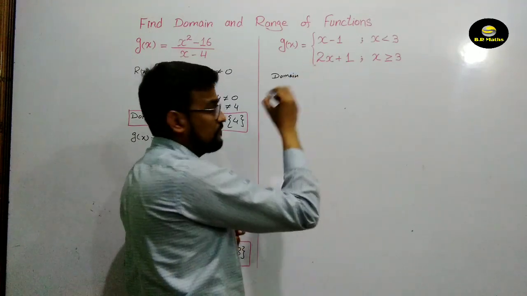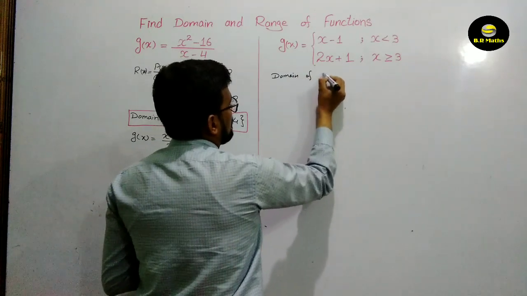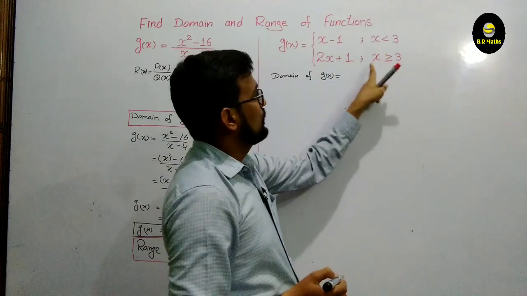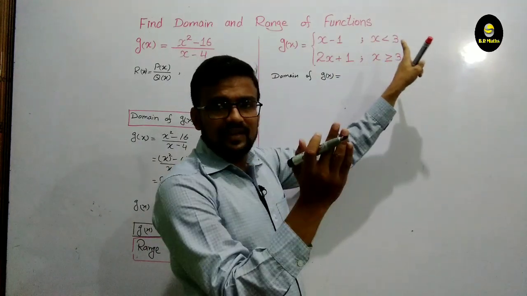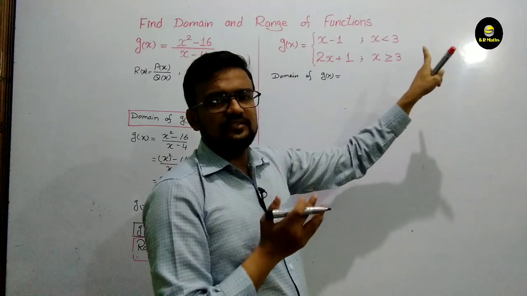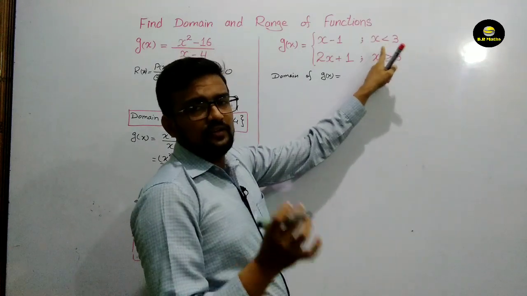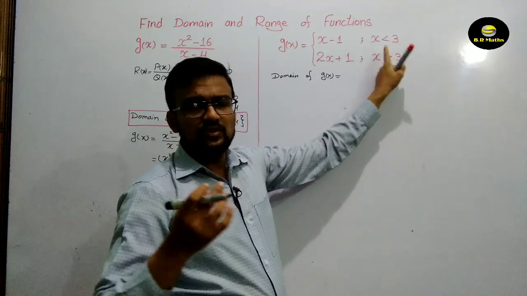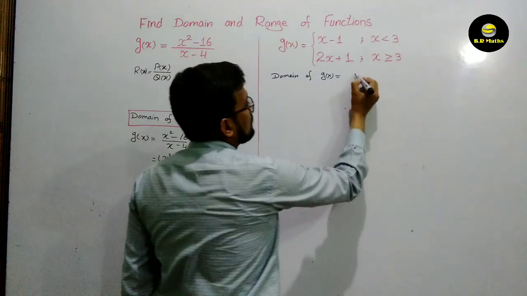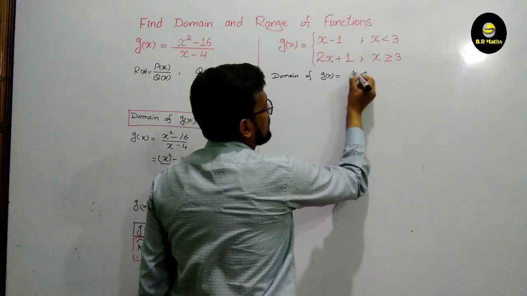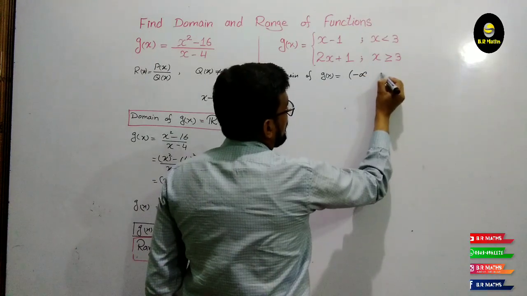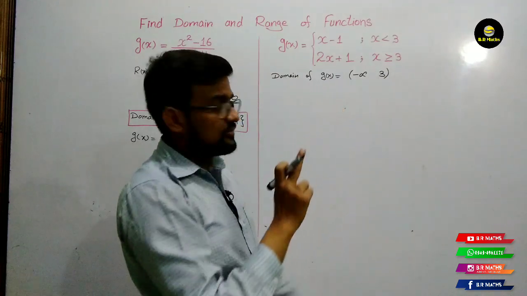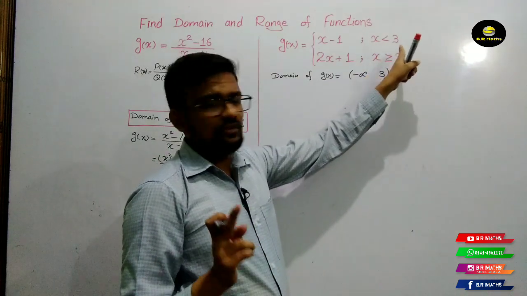There is one piece with x less than 3. Less than 3 means 2, 1, 0 and all negative values, from negative infinity up to 3, and 3 is not included.